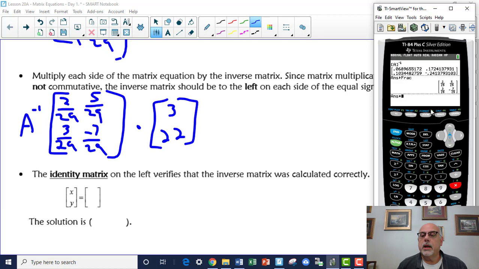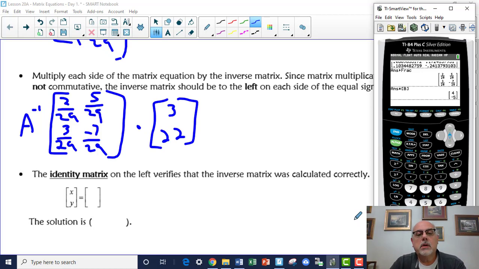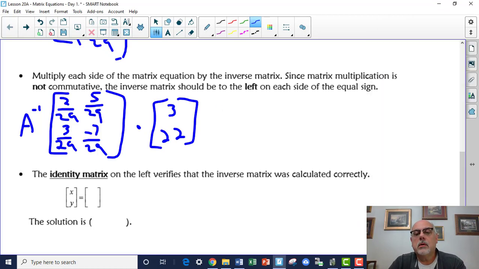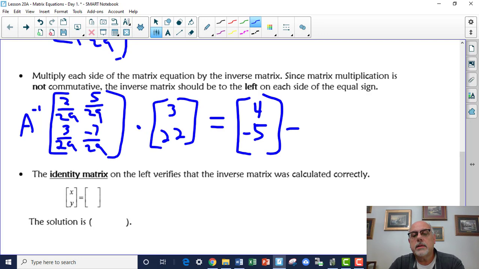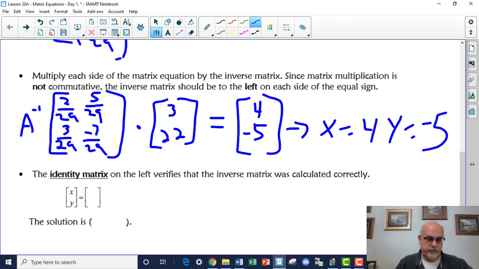We want to multiply it by matrix B, second matrix B, and our answers, you get 4 and -5, which means that x equals 4 and y equals -5. Okay.